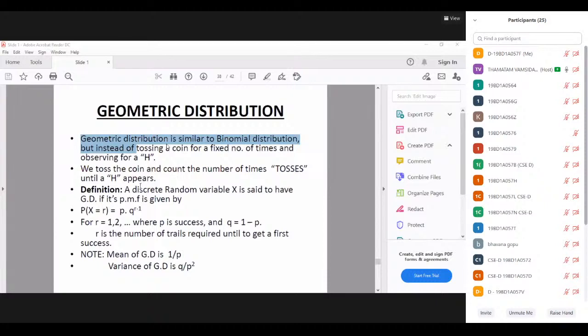Okay, there is a difference. In binomial distribution, we count how many heads we get, one head or two heads or three heads. Small difference is there for binomial and geometric distribution. Tossing a coin continuously, suppose after tossing a coin 5 times, the 6th time you got a head. In such case, you can take r equals 5.